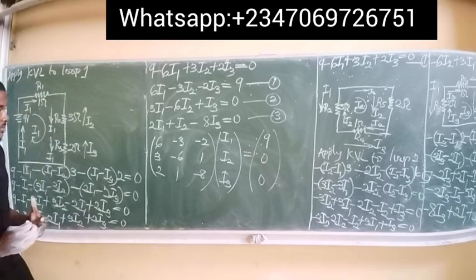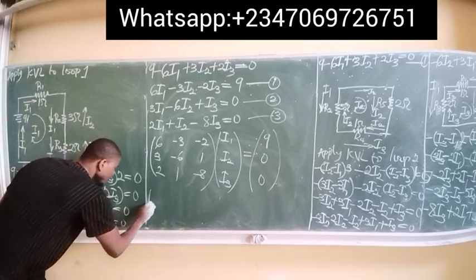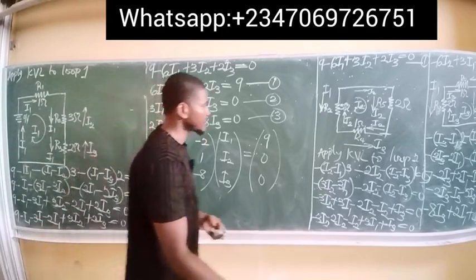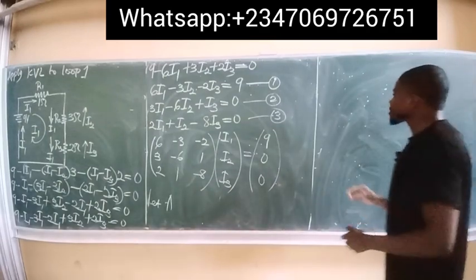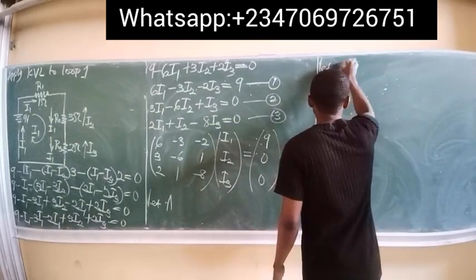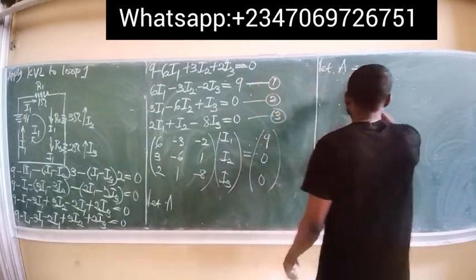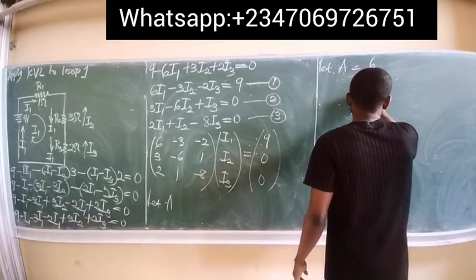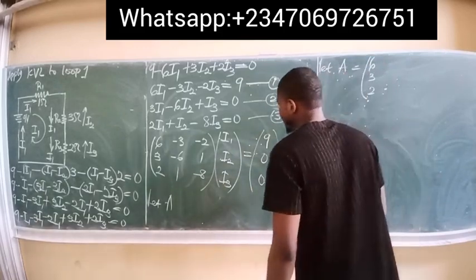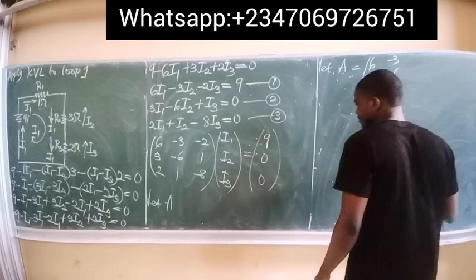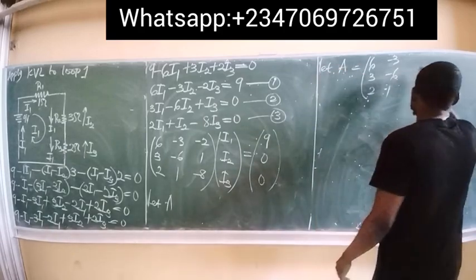So what you do now is simply say let A be equal to the whole of this matrix: 6, 3, 2; minus 3, minus 6, 1; minus 2, 1, minus 8.